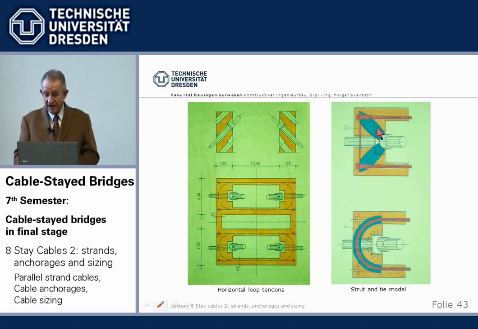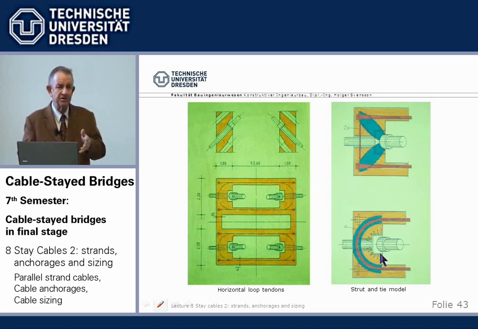And the other half, from the other tendon where we have the loop, goes by radial forces like this. The second half is balanced by radial forces from here. So a classical strut and tie model to show how to anchor it appropriately for the material concrete.